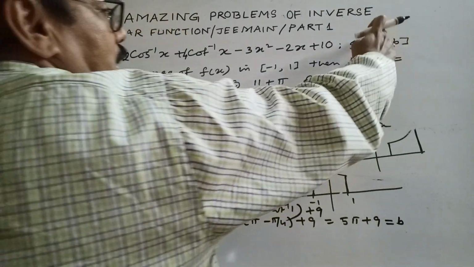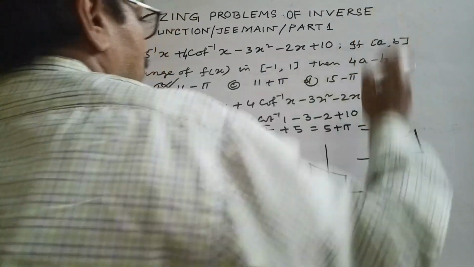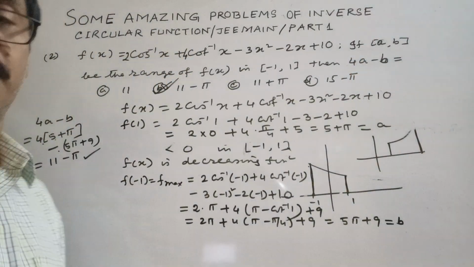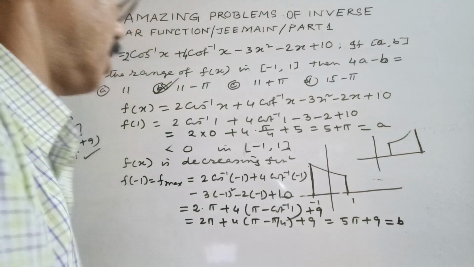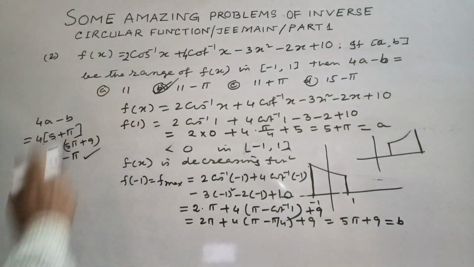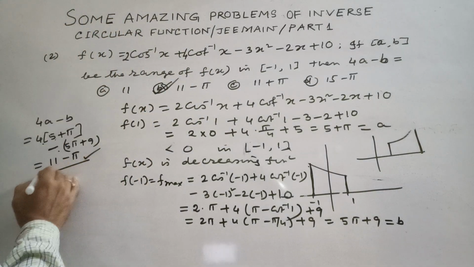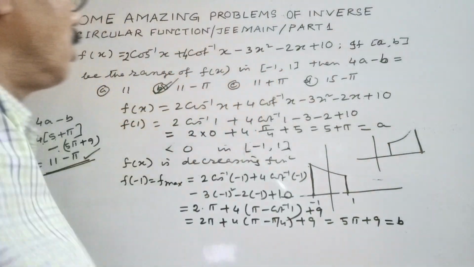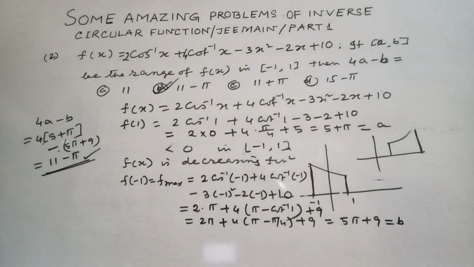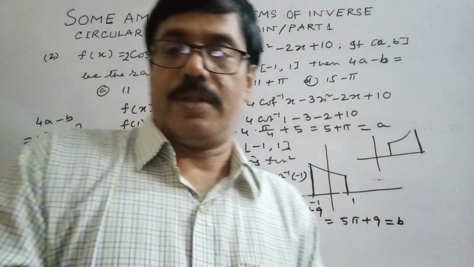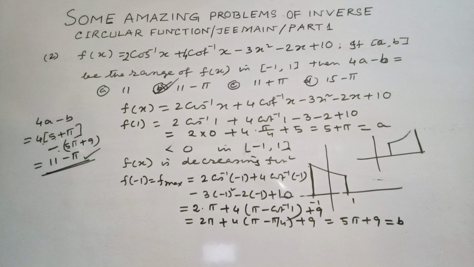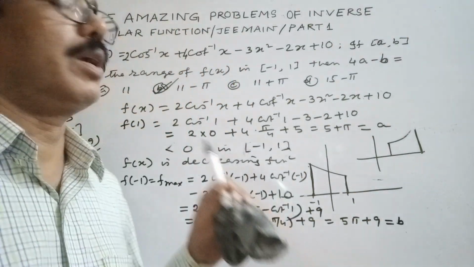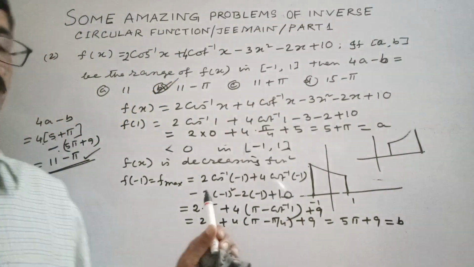A is the minimum value and B is the maximum value, because it is decreasing. This should be noted. So simplifying, we are getting 11 minus 5 pi. This is also a very typical problem, and most interesting also. This is a problem of JEE Main 2022.